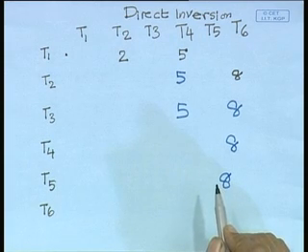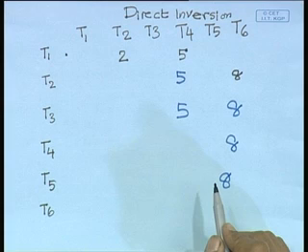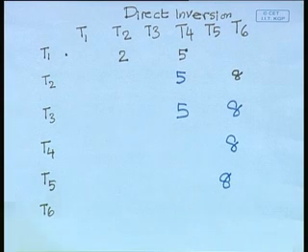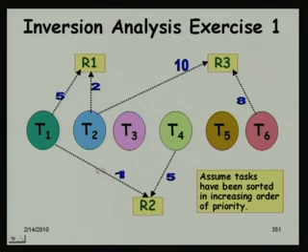Okay. Now, let us look at the avoidance inversion. So, please observe the diagram again, the task figure, and let us try to find out the avoidance inversion. Okay. So, will T1 undergo any avoidance inversion?